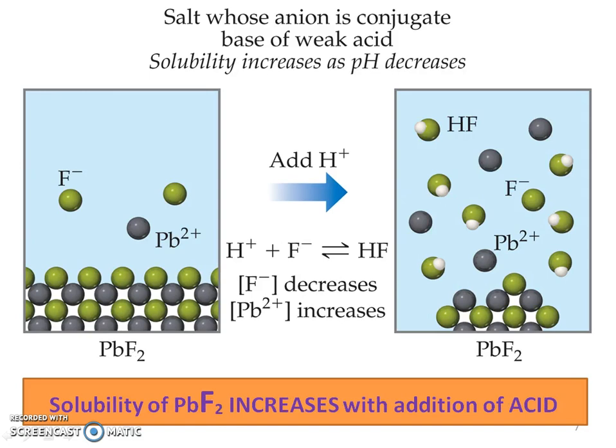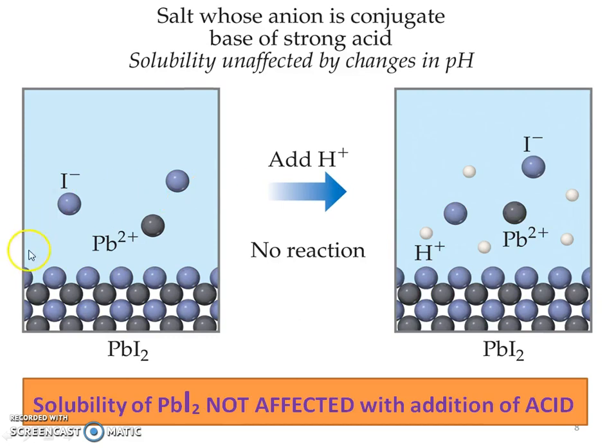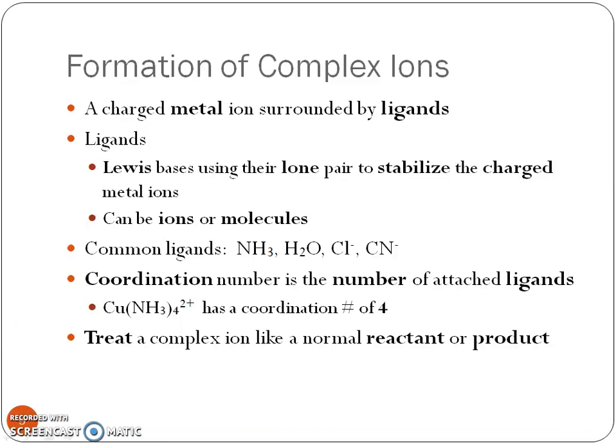They just stay in ions. So again, if we add H plus to something that can make a weak acid, we are going to increase the solubility. But adding a strong acid here is not going to affect the solubility, because HI is also a strong acid, and so we're just going to keep ions in solution.